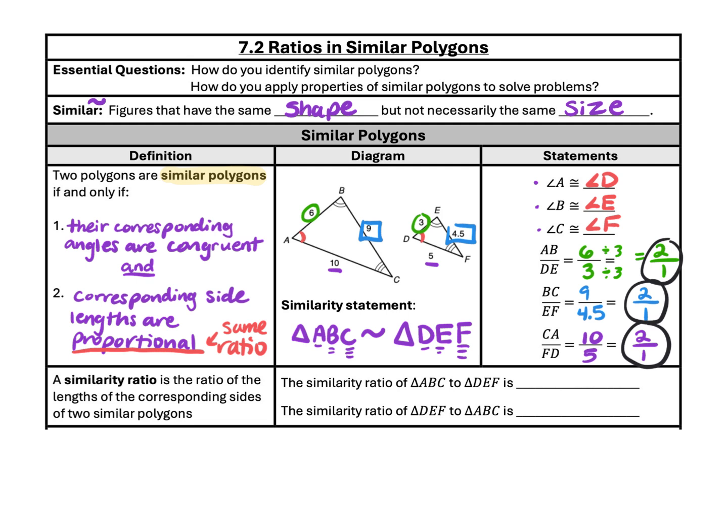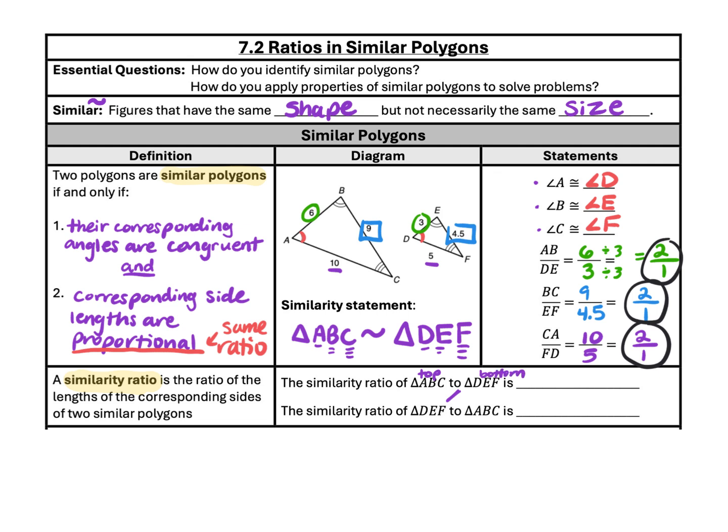Now, a couple more vocab words here. A similarity ratio is the ratio of the lengths of the corresponding sides in two similar polygons. So in our example, the similarity ratio from triangle ABC to triangle DEF, the 2 is like the divide sign. So ABC, we have to put that value on top, DEF on the bottom.